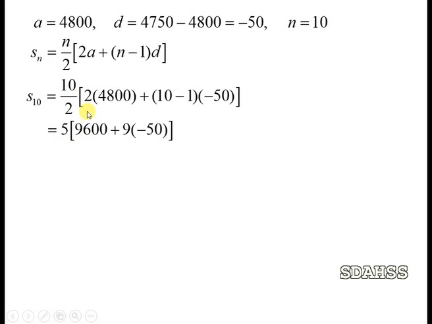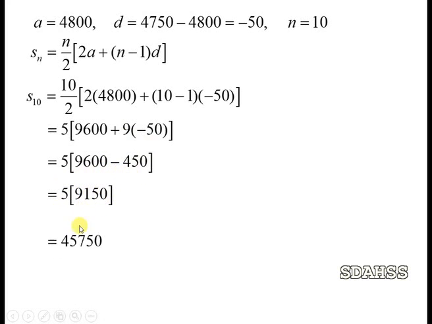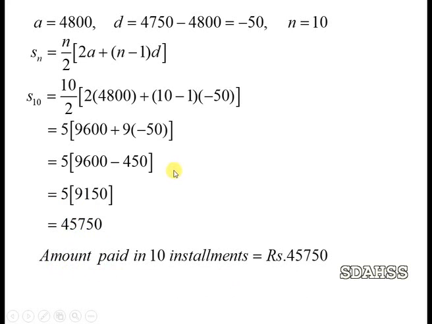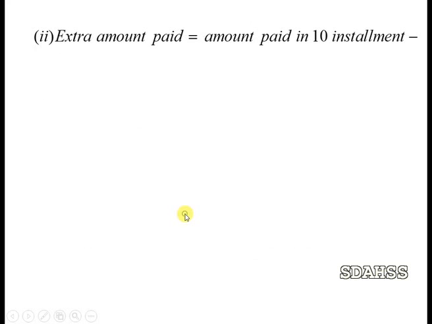So you have 5 into (2 into 4,800, 9,600, plus (10 minus 1), 9 into minus 50), which is equal to 5 into (9,600 minus 450), 9,150, which is equal to 45,750. If you multiply, you will get 45,750. Now this is the amount paid in 10 installments, that is equal to rupees 45,750.